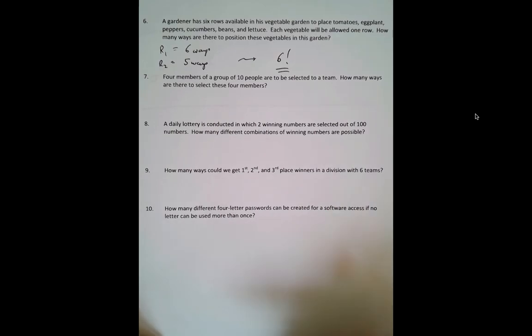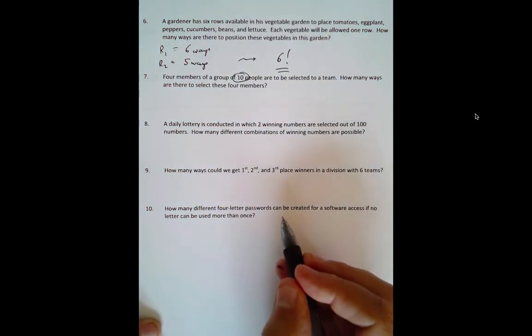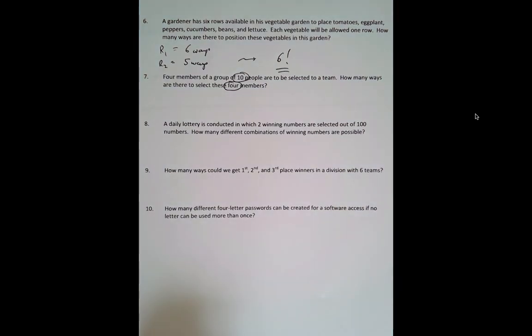All right, number 7. 4 members of a group of 10 people are to be selected to a team. How many ways are there to select these 4 members? Now, guys, when I read this problem, I think, well, it's going to be either a permutation or a combination problem because you have a larger group and you're looking at the way to arrange a subset from that group.